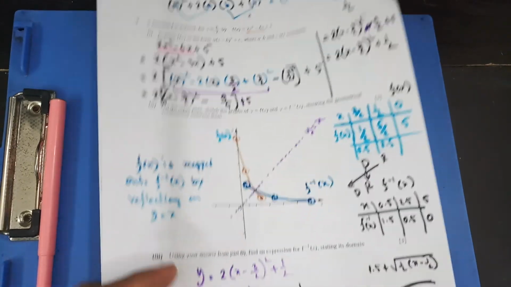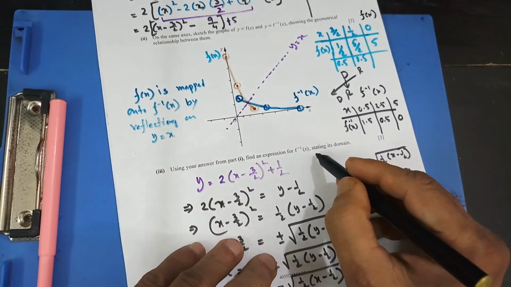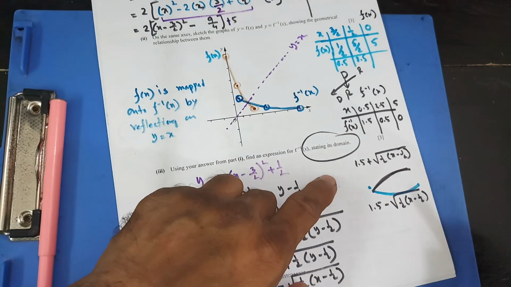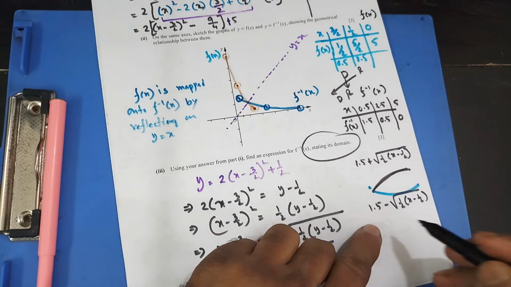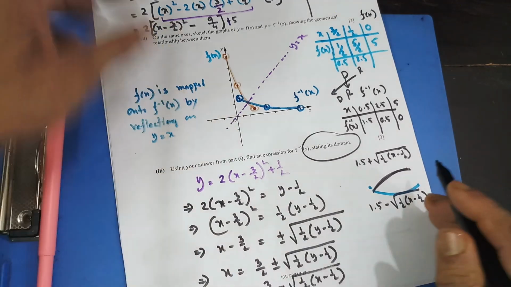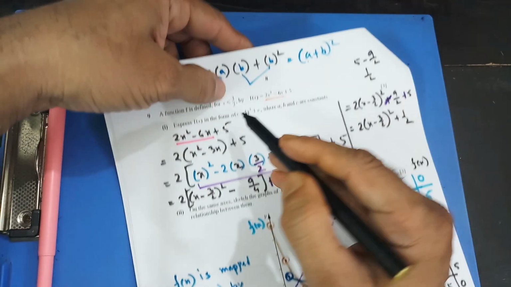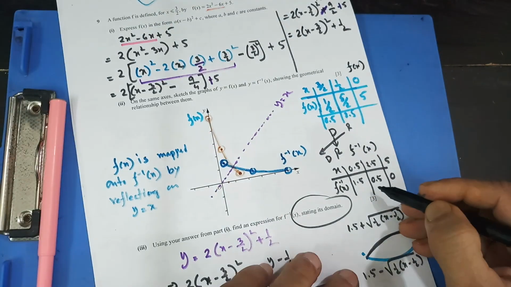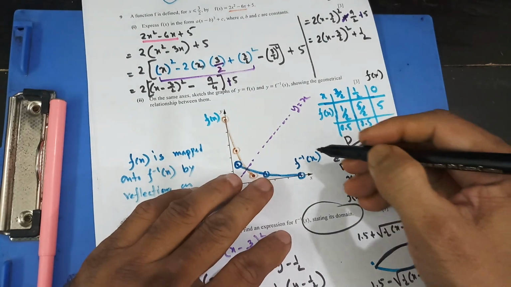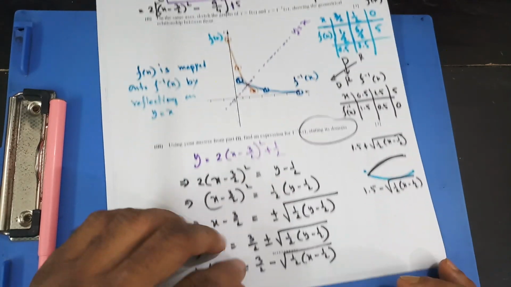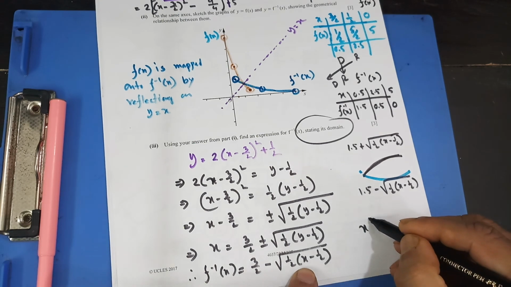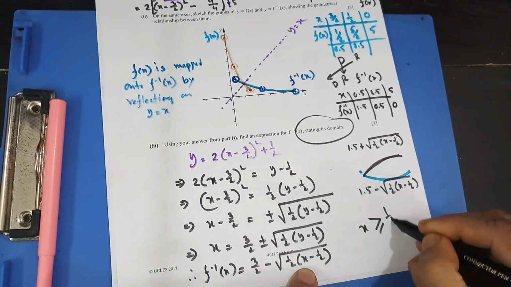In my last videos I have done up to question number 9, but when I was going through that I saw that I didn't mention stating this domain. Just before I go to question number 10, I'll show you what the domain of this one is. It was less than or equal to 3 by 2, and when you come to this, x has to be greater than or equal to half.